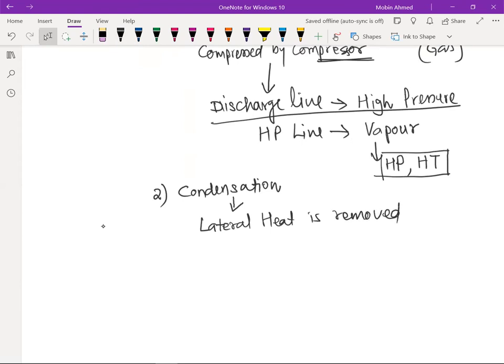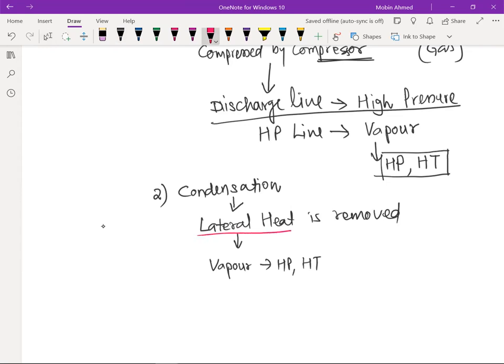Now, when we talk about the latent heat being removed, it doesn't mean the vapor changes its pressure or temperature. The vapor is still going to be high pressure and high temperature. Only the heat is removed.